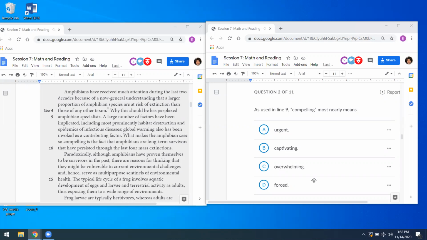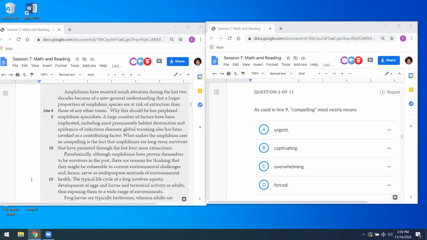Yeah, so the sentence that says that is what makes the amphibian case so compelling is the fact that amphibians are long-term survivors that have persisted through the last 4 mass extinctions. So, B is the only one that makes sense.